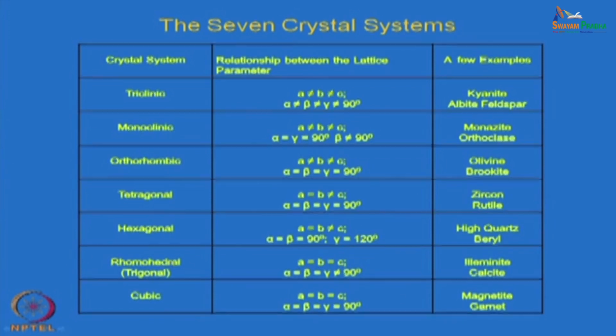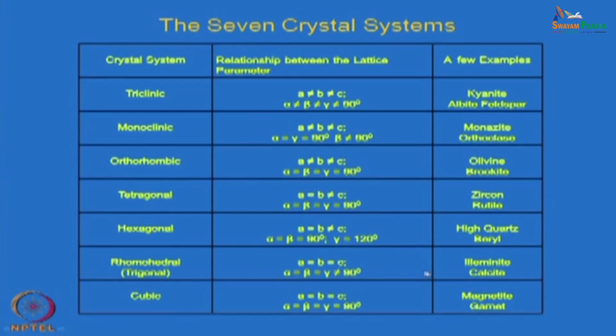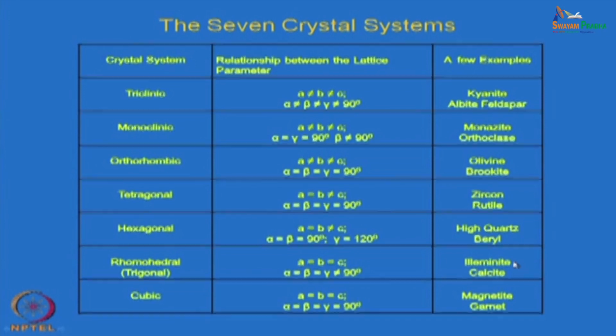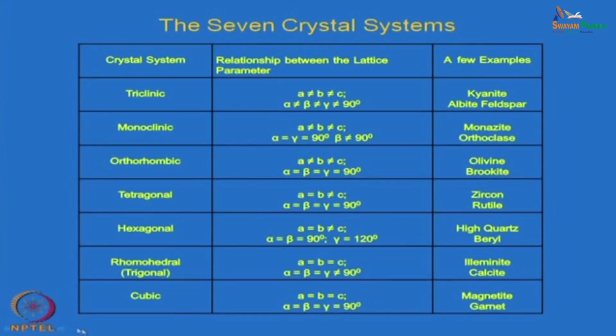Okay. So, rhombohedral is the structure which is available in this kind of compounds, and cubic of course is one of the simplest to describe and the most symmetric material, I think, where A equal to B equal to C and alpha equal to beta equal to gamma equal to 90 degrees.